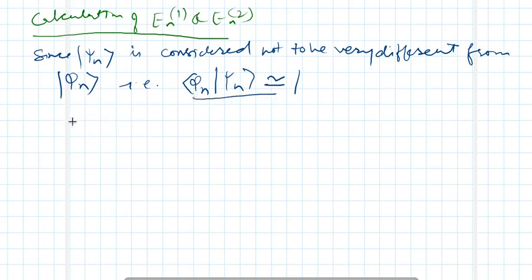Keeping this in mind, let us assume that phi n and psi n is equal to 1, and let me put their values here.